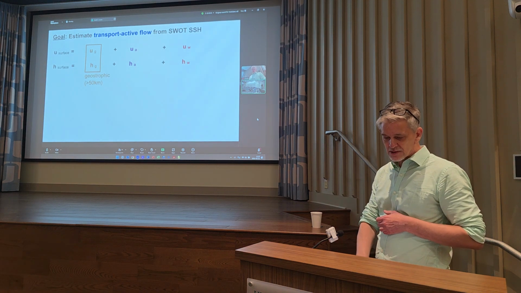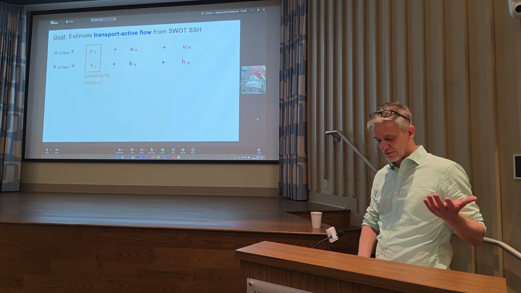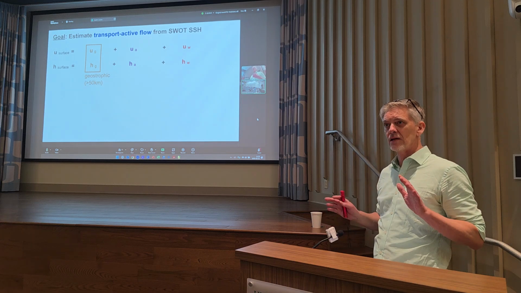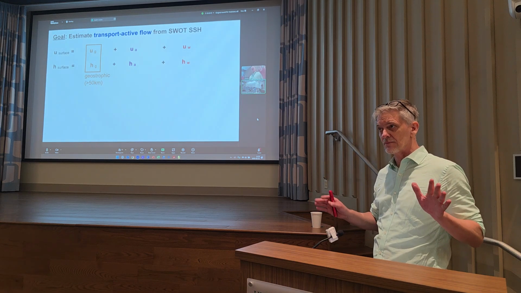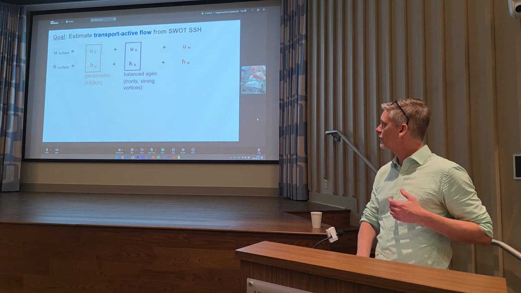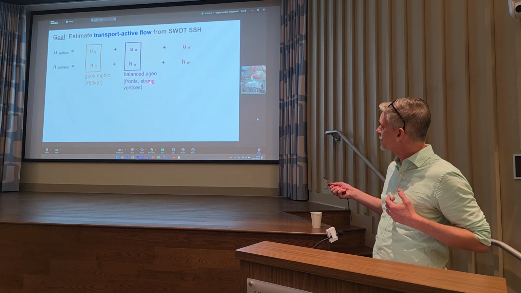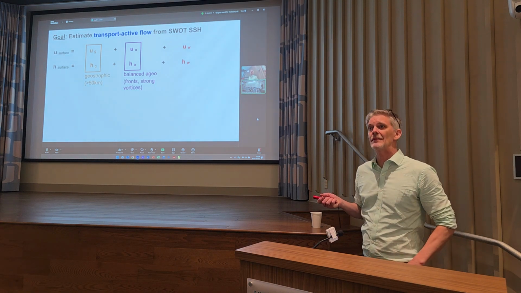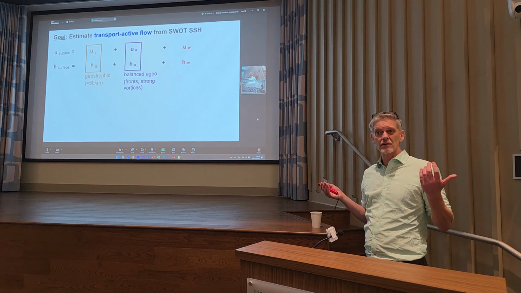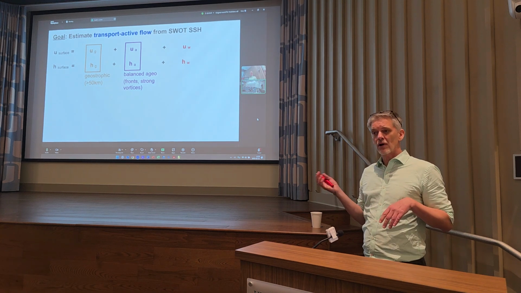Going to higher scales, the real velocity of the actual ocean, U surface, has many things going on, and you can decompose it into other parts. You might now include an ageostrophic balanced part, by which I mean things like strong fronts undergoing frontogenesis and strong cyclones.